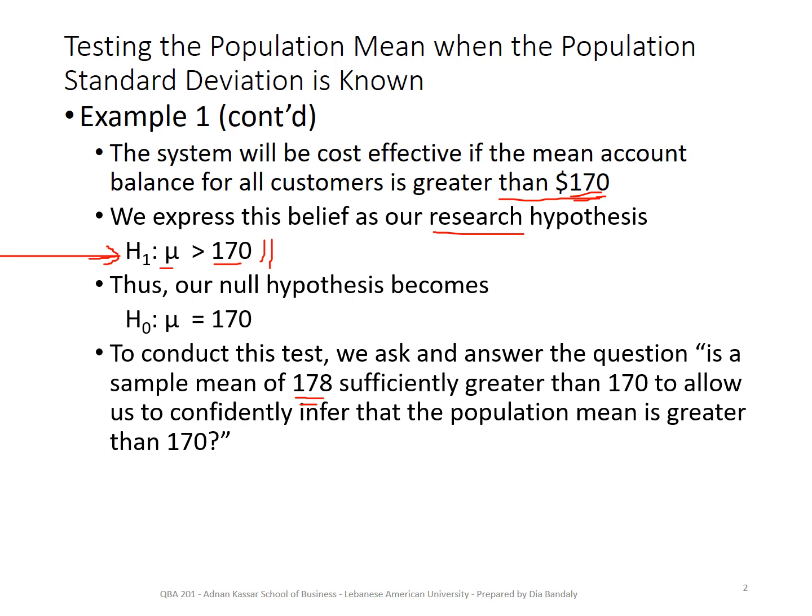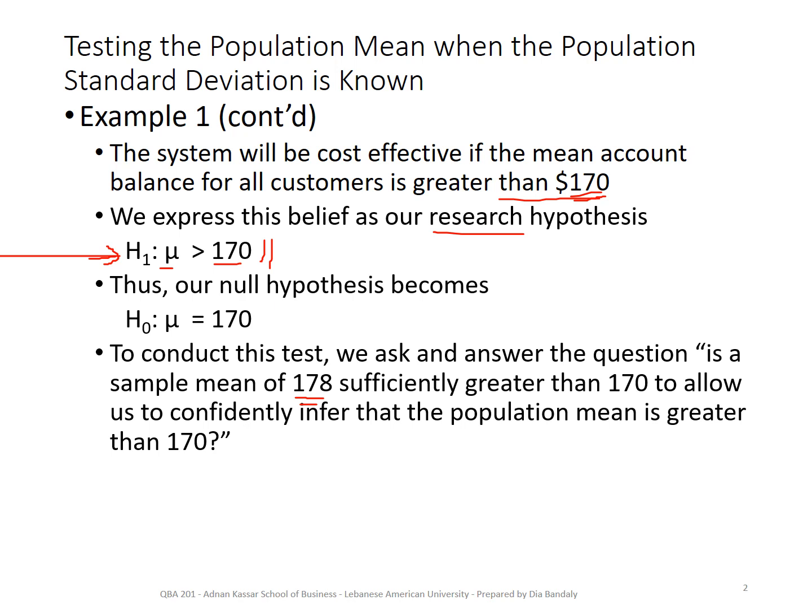Now you see here it's not clear for us. It's not like the previous example about the economist, where he's looking at whether mu is greater than 14,800 and we found x bar to be 30,000. That's much larger, really unquestionable. But here it's not clear for us what to do.